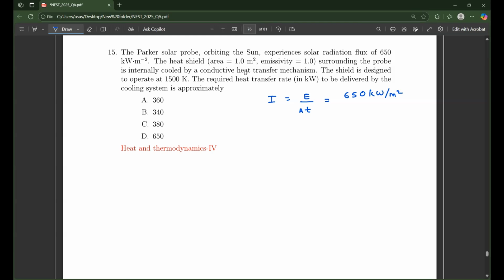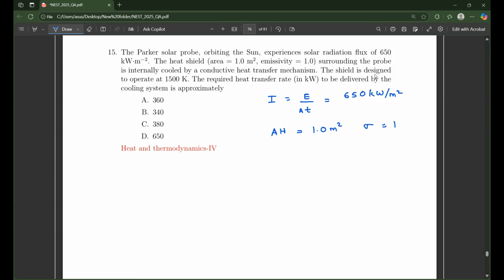The heat shield has an area of 1 meter square and emissivity is given as 1, surrounding the probe. The heat shield surrounding the probe is internally cooled by a conductive heat transfer mechanism.